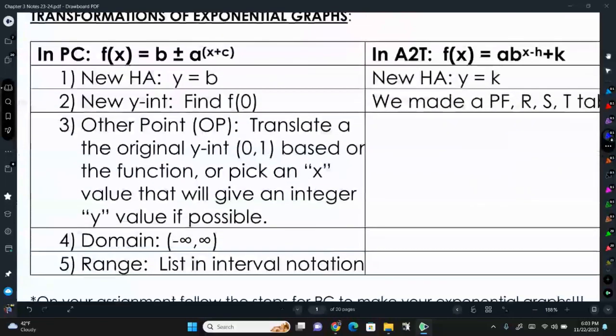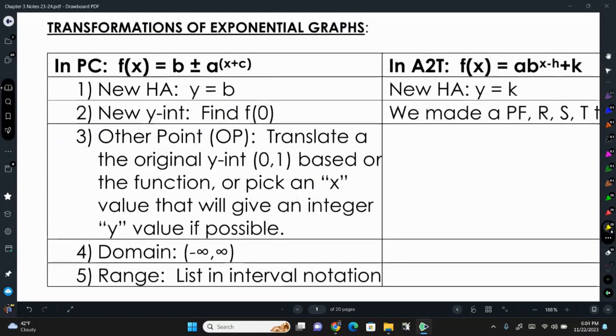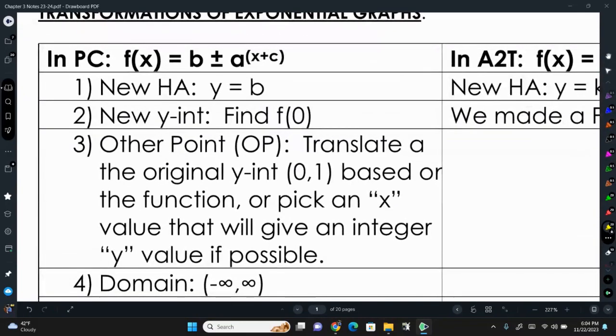So we're going to kind of ignore what we did last year in algebra 2 because different teachers graph them differently, and we're going to focus on this stuff over here on the left. The very first thing we'll do is find our horizontal asymptote, which will be that b value. Now, we don't have a, h, and k like we are used to, but we still have h and k.